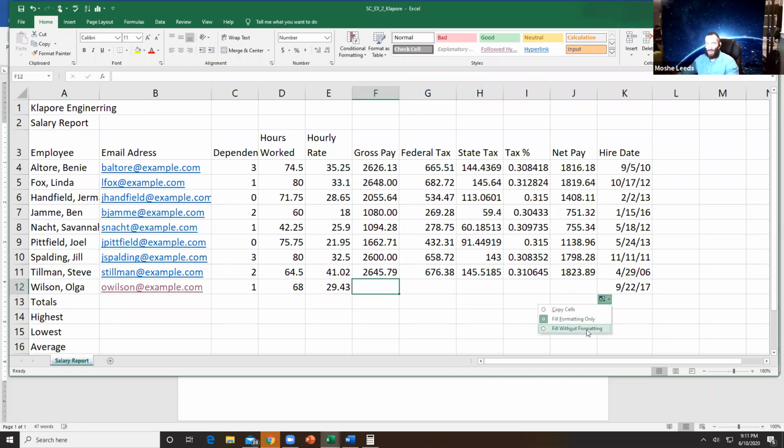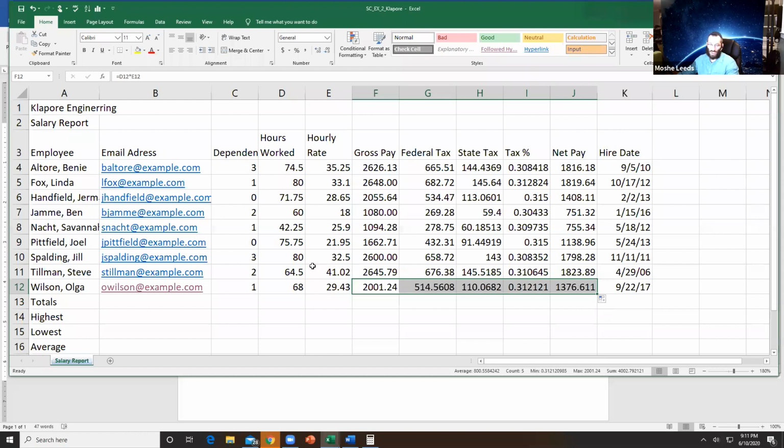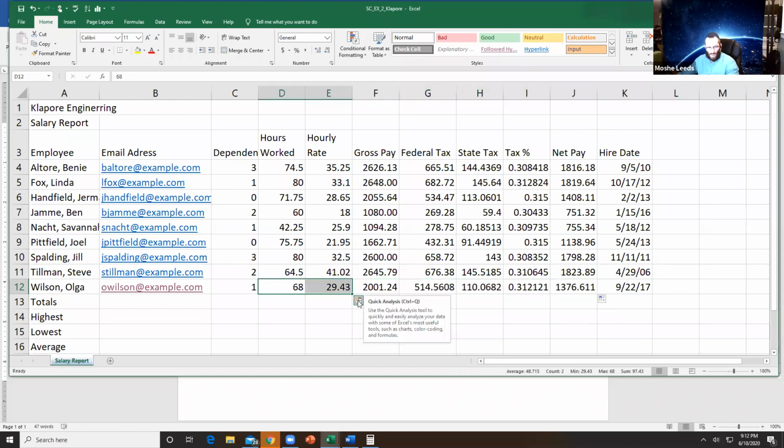If I do fill without formatting, that basically returns it back to its original form, which is just a formula. Let me just see here. Quick analysis. No, that I don't want to do.